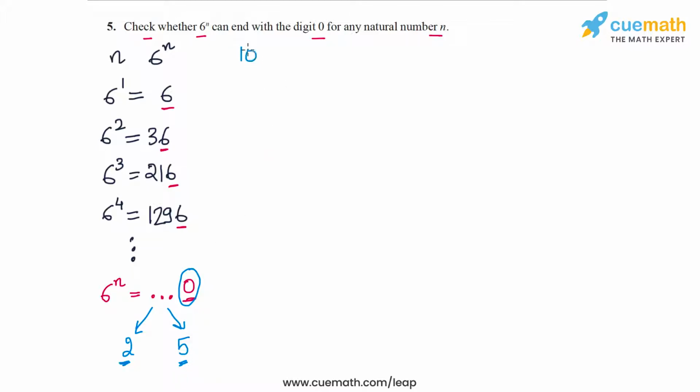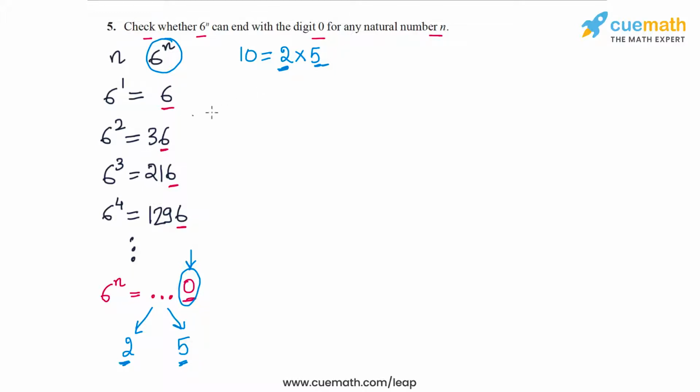So because 10 is 2 times 5, this means that for a number to end in 0, it must have at least one factor of 2 and one factor of 5 in its prime factorized form. So all we have to do to solve this question is to check whether 6 to the power n can have at least one pair of 2 and 5 for any natural number n.